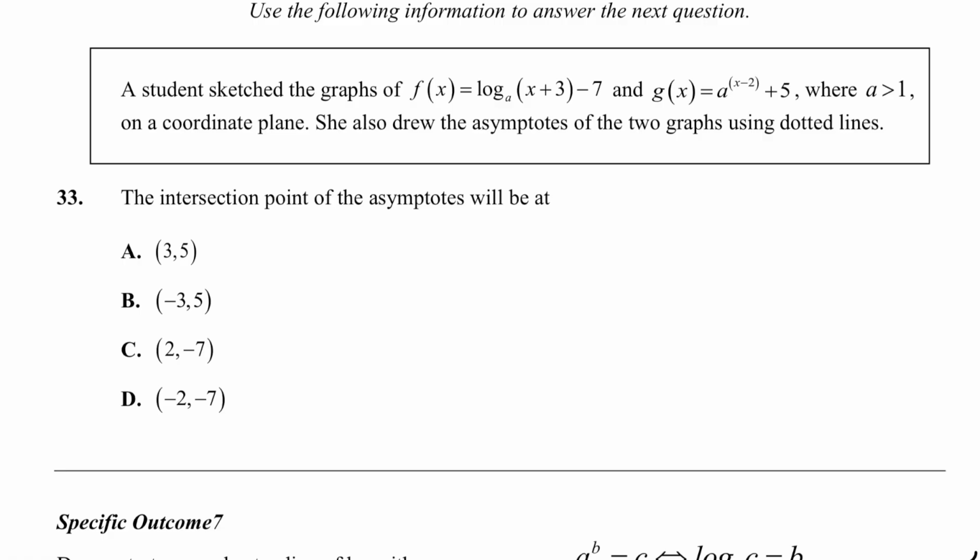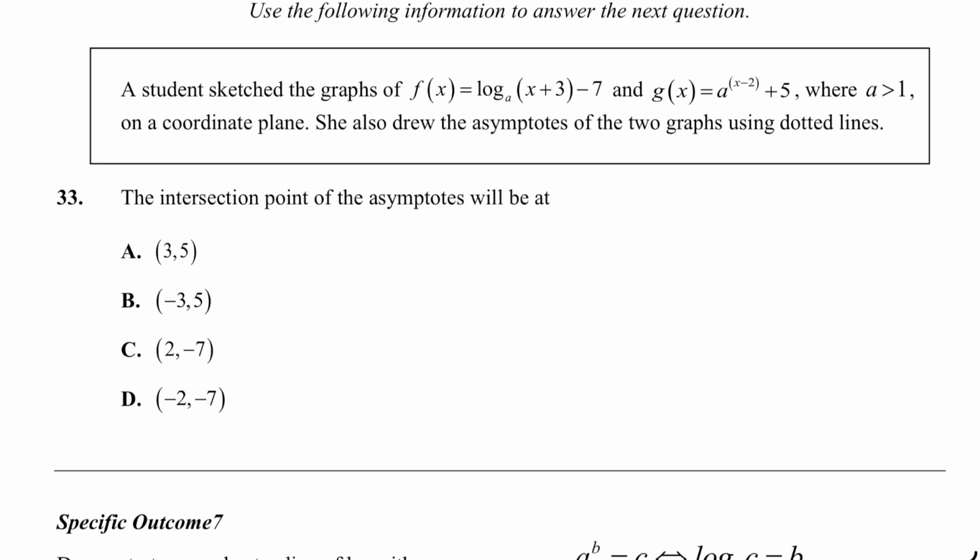So what we'll do is we'll figure out the asymptotes for f of x and then g of x. And because g of x is your exponent, it's going to tell you your y value, and f of x is going to tell you your x value, or your vertical asymptote in this case. And for g of x, it'll be the horizontal asymptote.